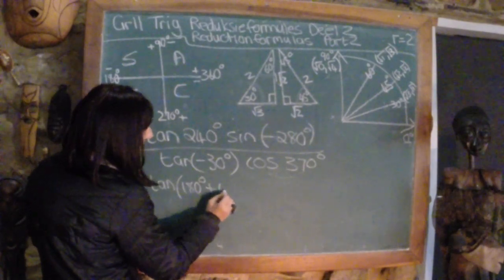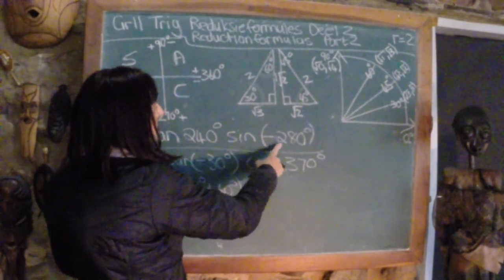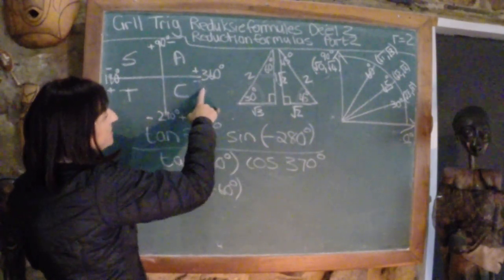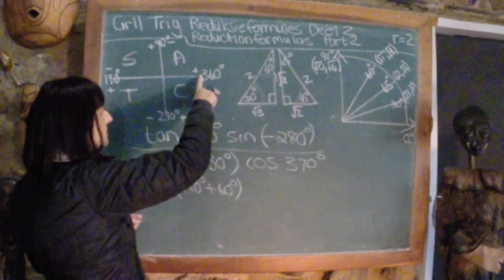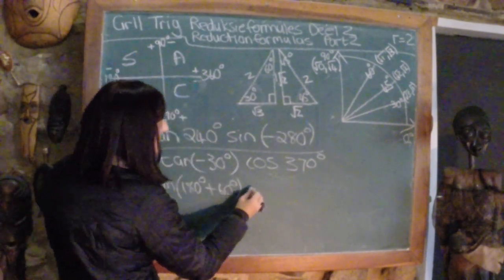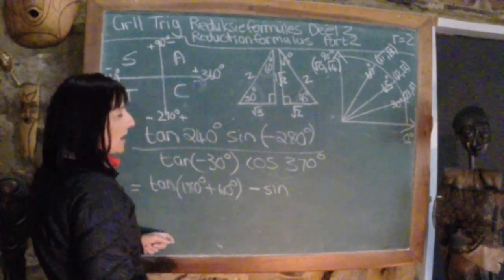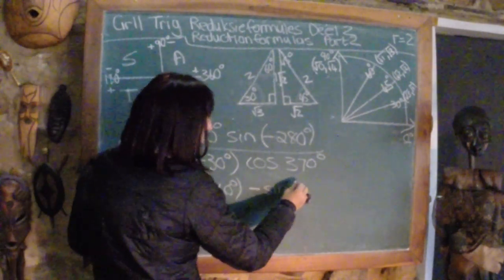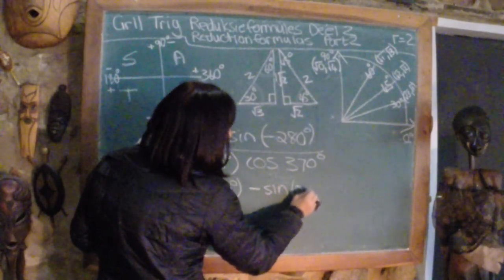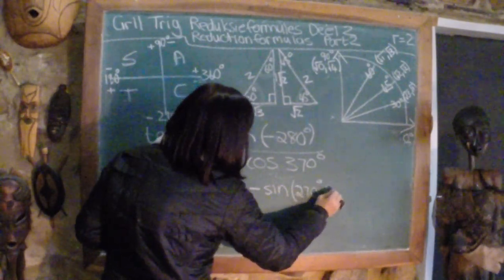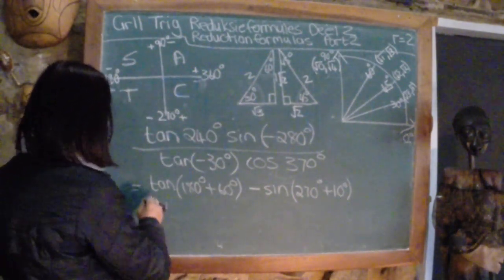Reduction formula. Okay. Sin of minus 280, minus means we are in the fourth quadrant because it's 0 degrees or 360 degrees minus. So it's going to be a minus sin of 280. And 280, we can go with the cofunction of 270 plus 10. 270 plus 10.